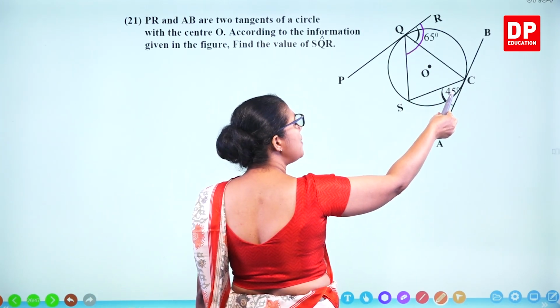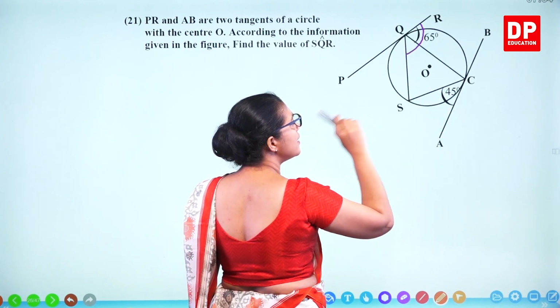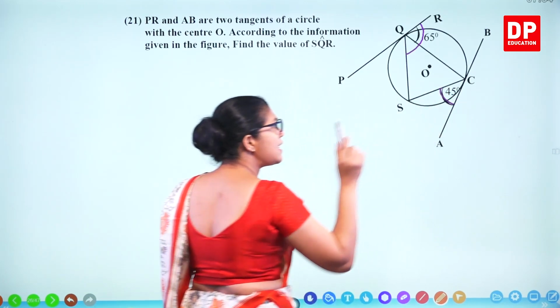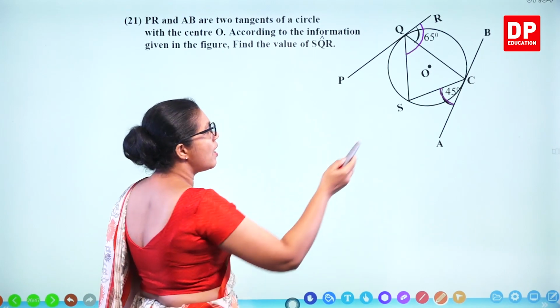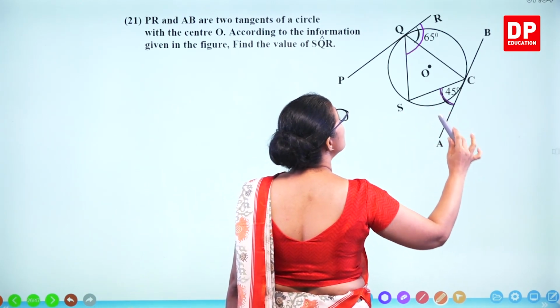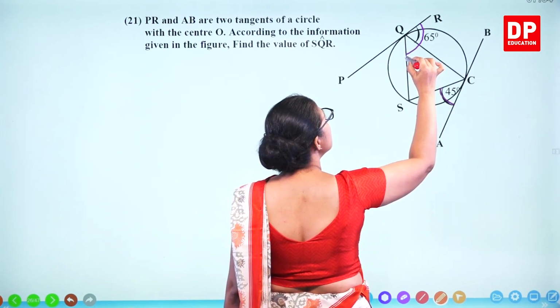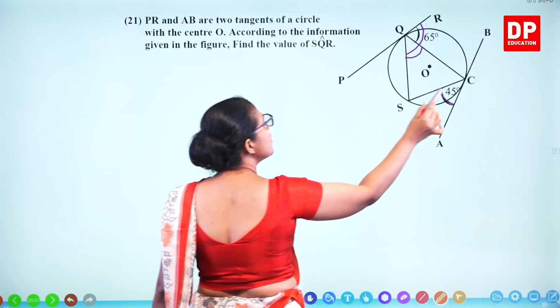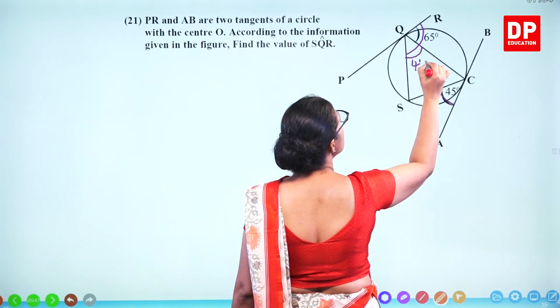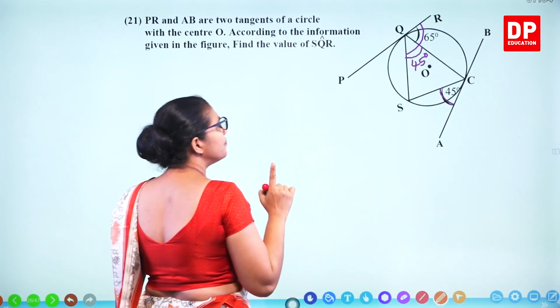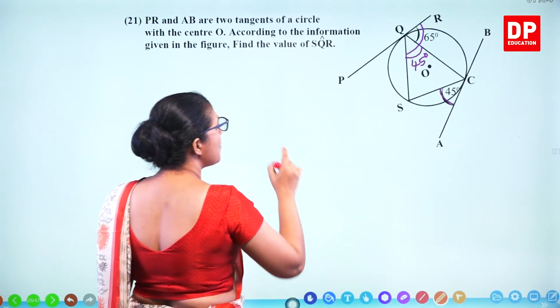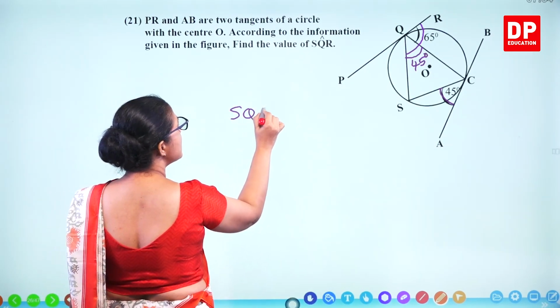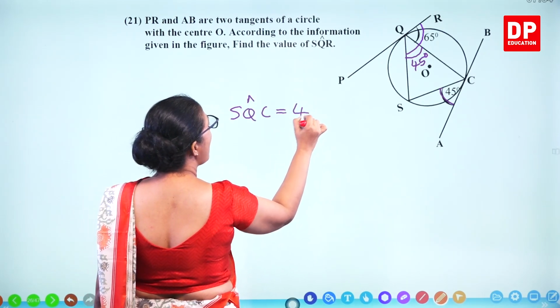This is the angle between the tangent and the chord. According to alternate segment theorem, this one is equal to the opposite interior angle. So this is 45, this is 45. So alternate segment theorem. So SQC is 45.